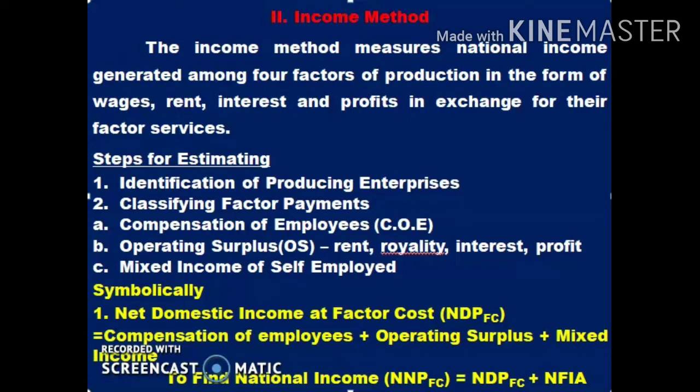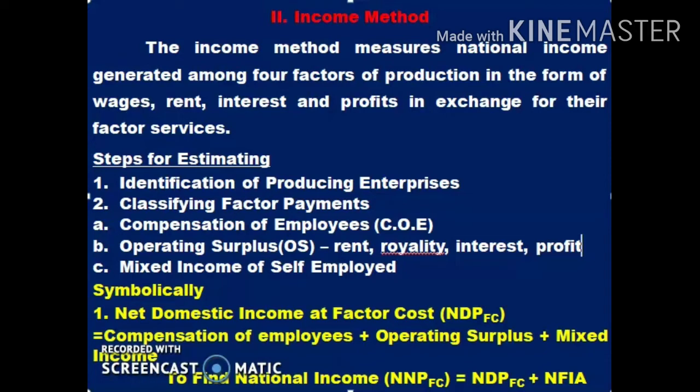In profit, several divisions are there: dividends, corporate tax and corporate savings. Dividends, you know, are distributed among the shareholders. Corporate tax is the tax on profits which is paid to the government. So these are income received by the government.